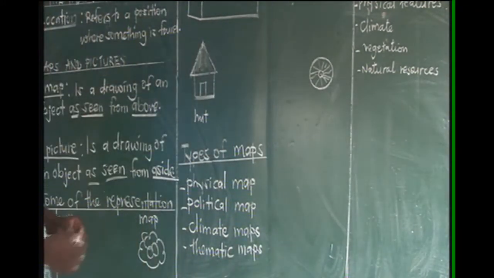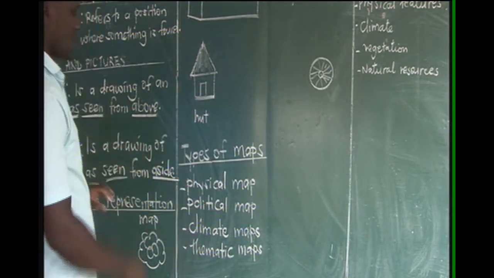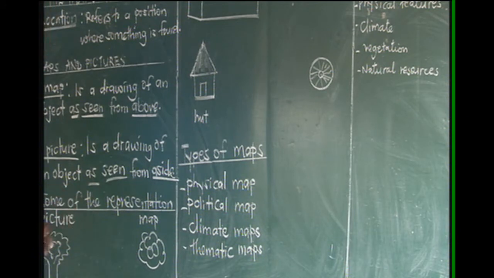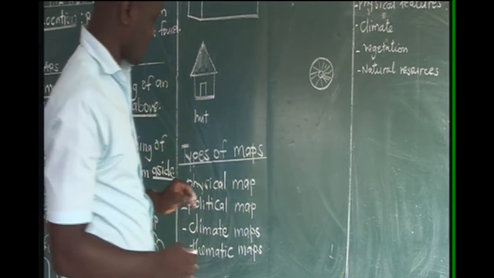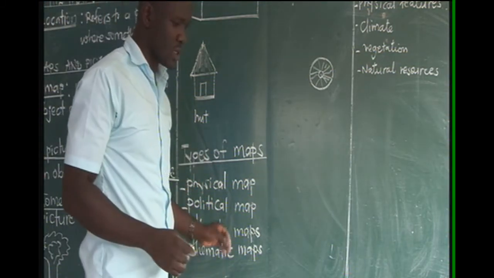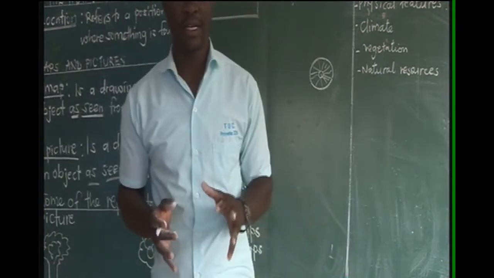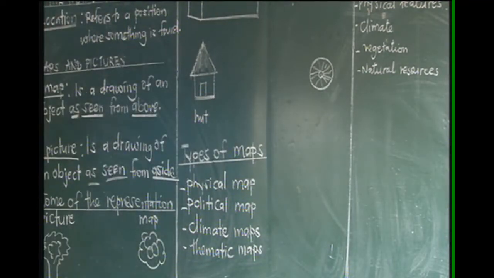To continue with our lesson, having understood the types of maps, we are also going to look at what we call a sketch map, because we are going to realize the difference between a map and a sketch map. Let's have our next heading as sketch map.